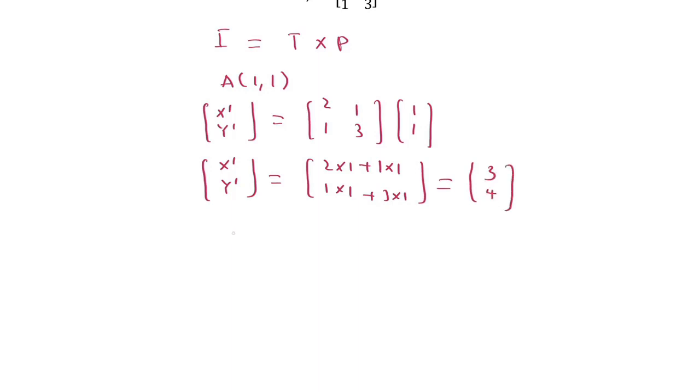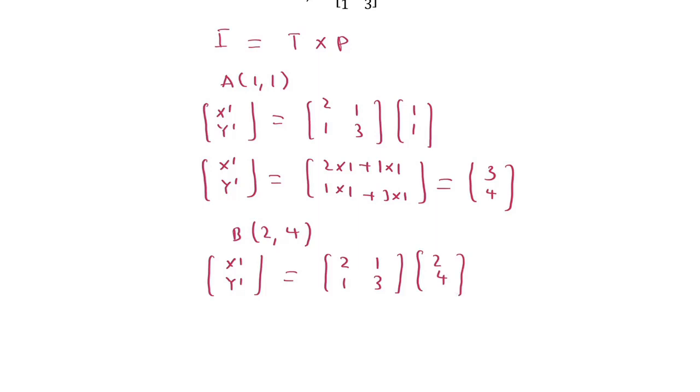Our next point is point B with 2, 4. Then the relation is going to be X image, Y image equals matrix 2, 1, 1, 3 times matrix 2, 4.